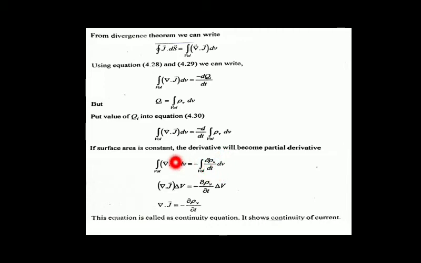After differentiating both sides, the equation will be del dot J dv equal to minus partial rho v by partial t dv. So dv is constant and cancels. The final equation is del dot J equal to minus partial rho v by partial t. This is the final equation of continuity.